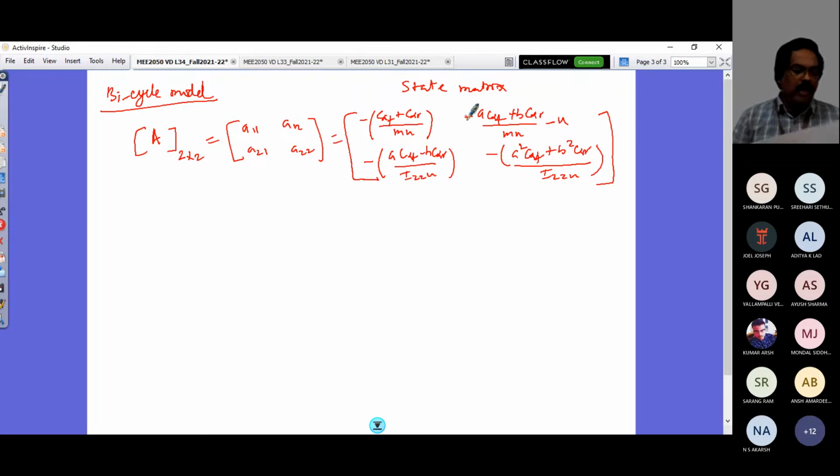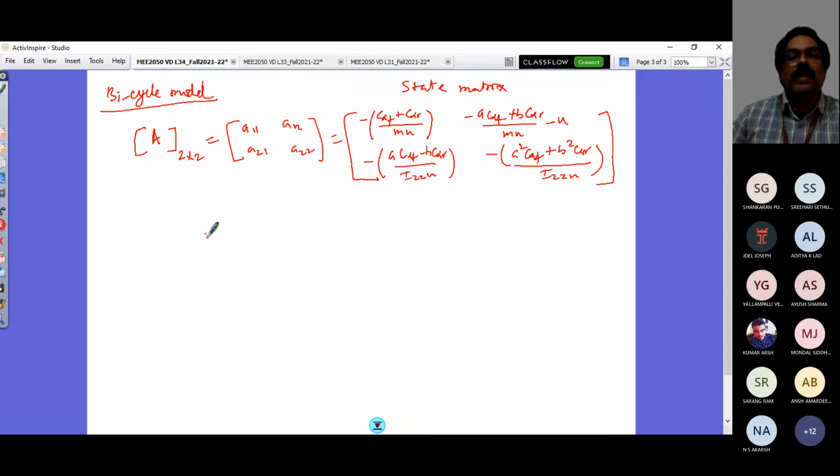So what are you going to do with the state matrix? If I have this, I now know my characteristic equation. How can I get it? To get the characteristic equation, I just do this, right?